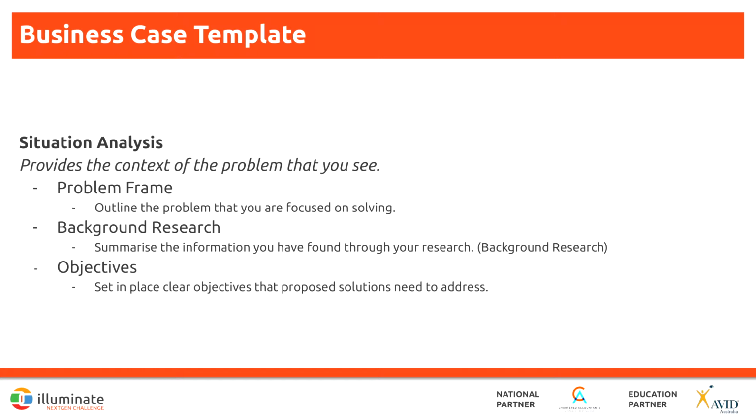You've done your problem frame, that's the first heading. Your background research that you've been preparing and pulling together, you've been getting that research ready, that goes in the next section. The objectives, the third part. Make sure you set clear objectives that your proposed solution needs to address. If we're going to fix this problem, what must it do? Well, if we're going to talk to teenagers, it must be actually teen friendly.